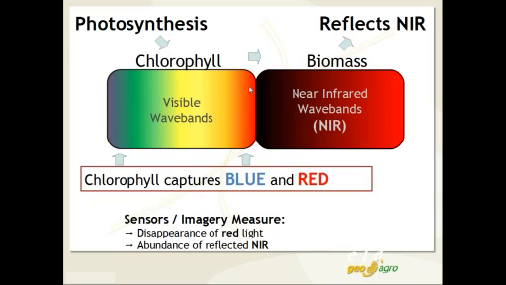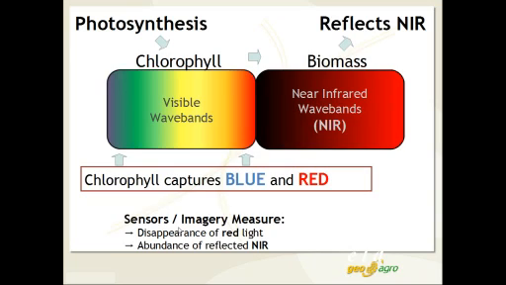They are absorbing that light, and they're reflecting the other wavebands in the green area. So that's one concept. The other concept is that the biomass of the vegetation is related with the near-infrared wavebands. So that's reflecting the near-infrared ranges.